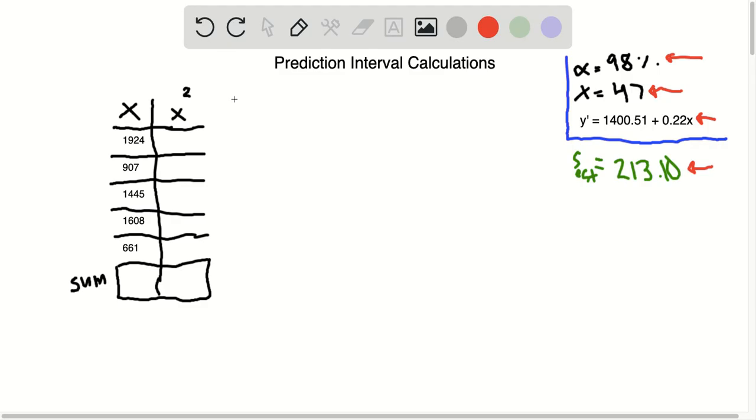We know that the prediction interval calculation is, of course, an interval. So there will be a left endpoint and a right endpoint for this interval. The left endpoint calculation is as follows.